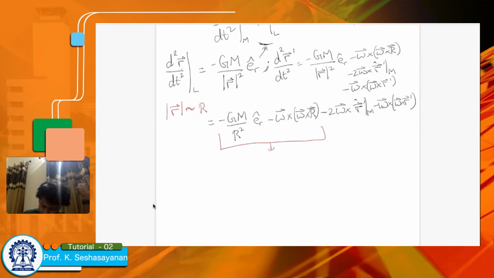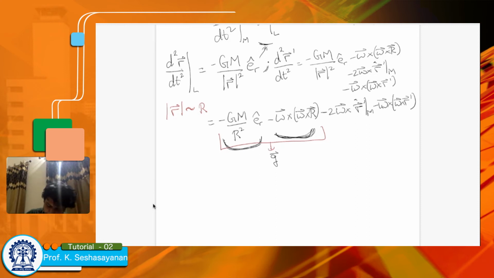So in standard situations, one would call this the acceleration due to gravity. But you would see that in most situations, people only consider this term to be the acceleration due to gravity, even though this other term is non-zero. And we'll see why that is the case, and we'll show what happens when we neglect this term.